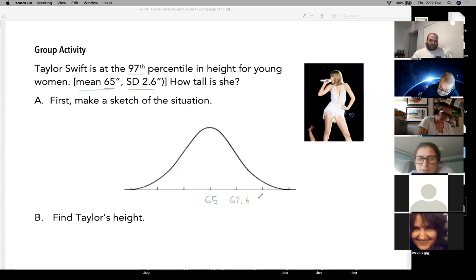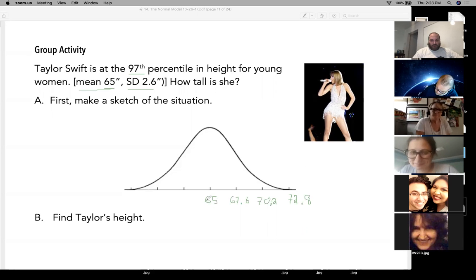If you add 2.6 to 67.6, you get 70.2. And if I add one more? 72.8.